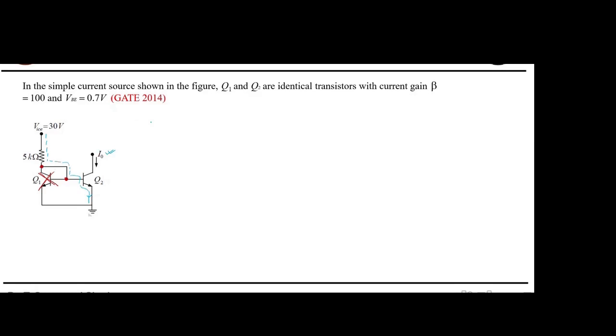So, now tell me the equation. This one is IC, and the same IC is flowing here. So can I write 30 volt minus IC times 5K minus VBE equals 0?